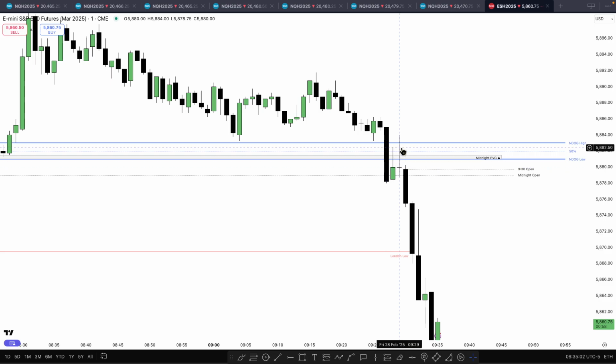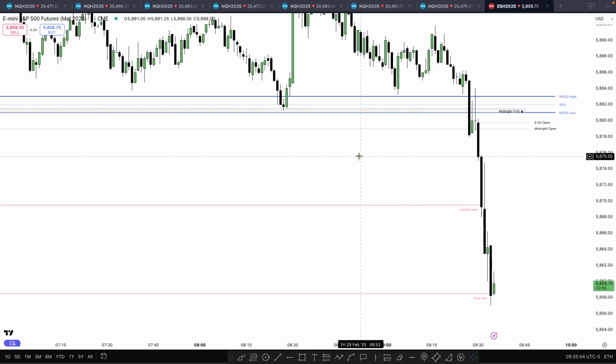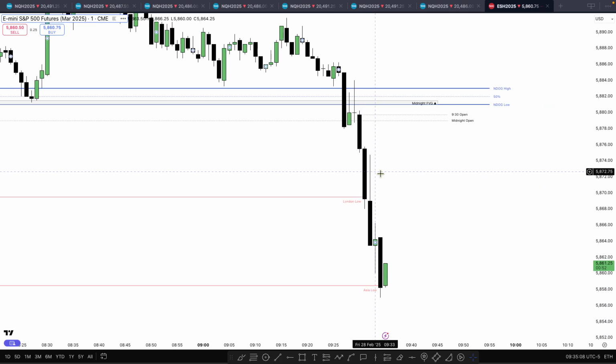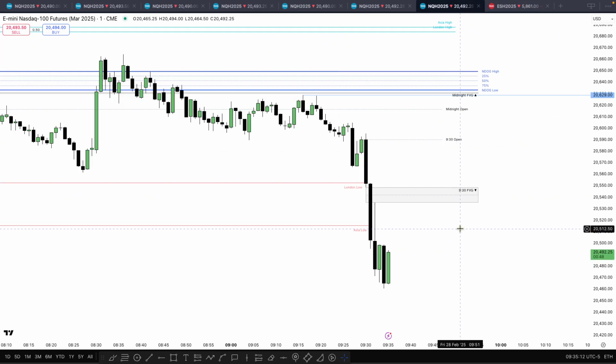Nice close below, rejection off new day opening gap on S&P. See what it does here at this 930 fair value gap.